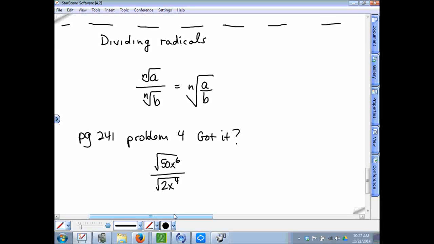Most often it's better to divide first and then try to simplify. So let's apply the property going from left to right. Don't we have the same type of root? So let's write this as one big giant square root of 50x to the 6 over 2x to the 4th.